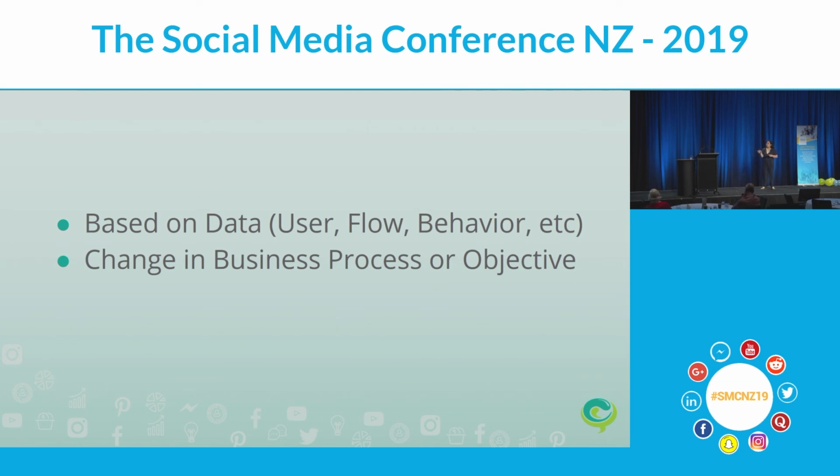The second is a change in business or process or your objective. Say you've built a bot, say Ollie in our case. Ollie is supposed to be the friendly chatbot that tells everyone what Conversology is all about, what our services are, et cetera. But we've got different processes within the company, obviously.